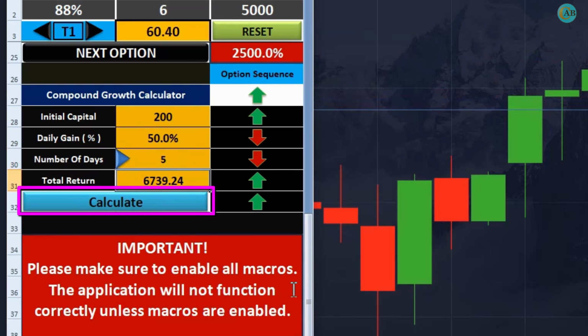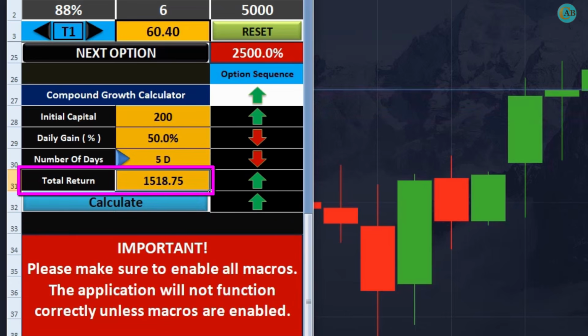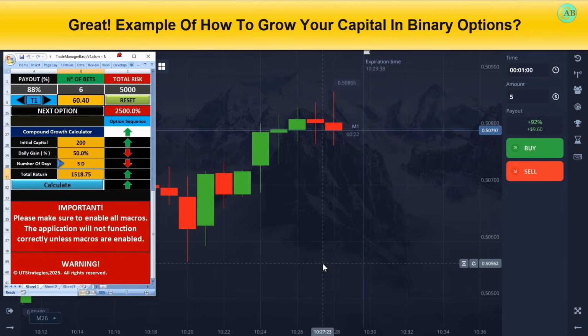Now I click calculate to calculate the total return. As you can see, it's $1,518.75. That's the total return after 5 days of trading with a few trades per day, assuming the strategy didn't fail on any of those days. Hopefully you get the point.